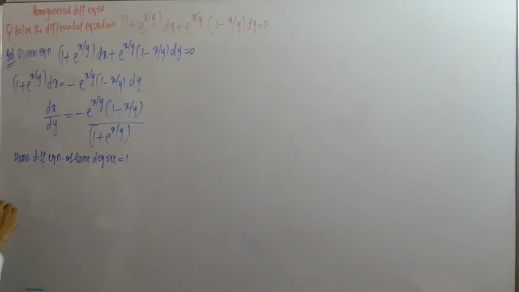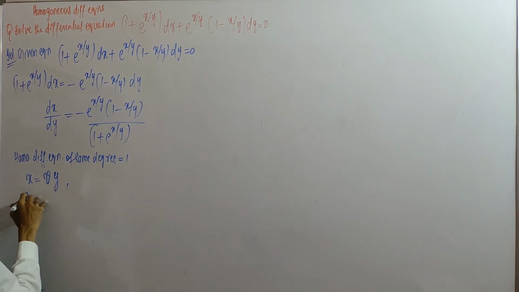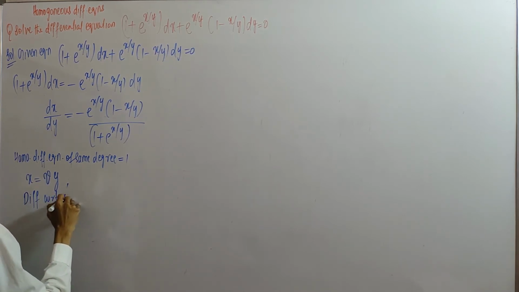Now for this we make a substitution. Here we have x, so take x is equal to v into y, not v equal to yx. Here v is a function of y. Differentiate the above function with respect to y, not with respect to x.